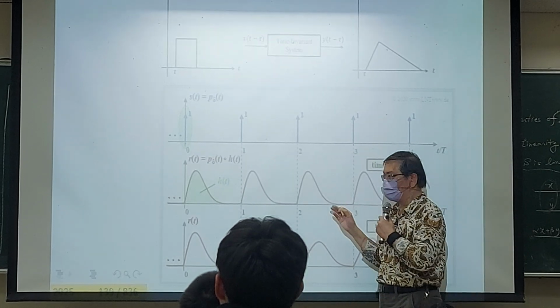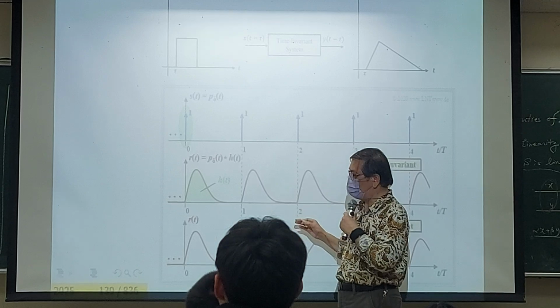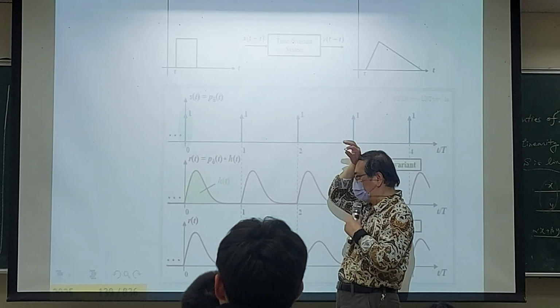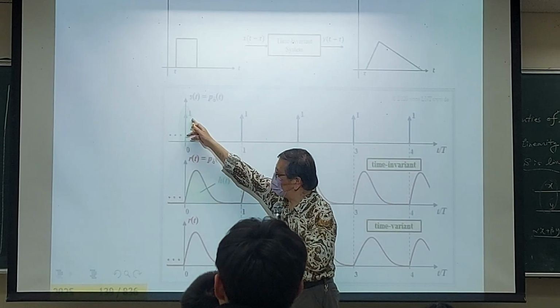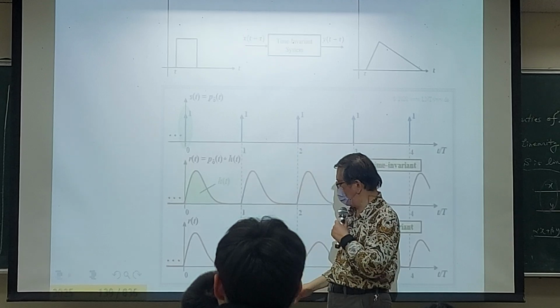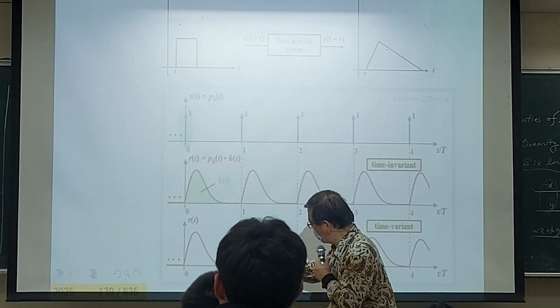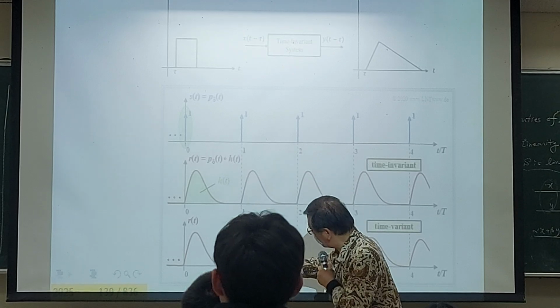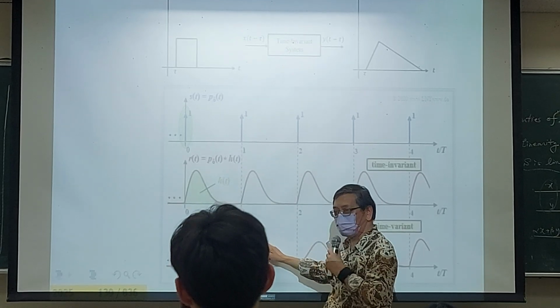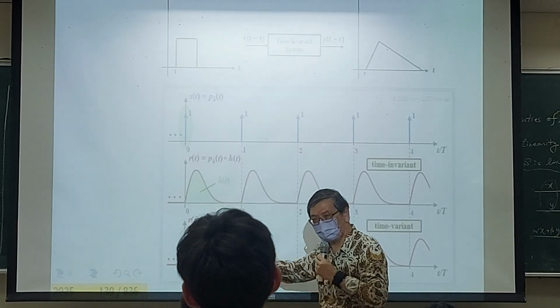However, if you are considering a time variant system, something is different. This is the input, this is the output. Okay? Now if you delay 1 second, the output also delays 1 second, but the shapes are not the same, right? It changes a little bit.